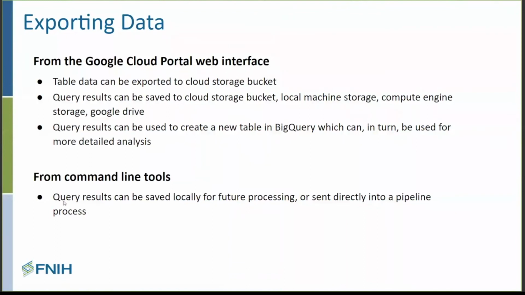Again, as I showed you before, you can use the BigQuery function from a virtual machine, and you can send that out locally to a file, or you can send that directly into your processing scripts. If you're saving it from the BigQuery interface, you can save your data not just out to a file, but you can also save it to a bucket within your local project, or to your local machine, or you can create a new table from it in your own instance of BigQuery.